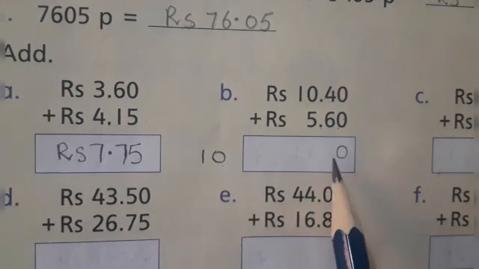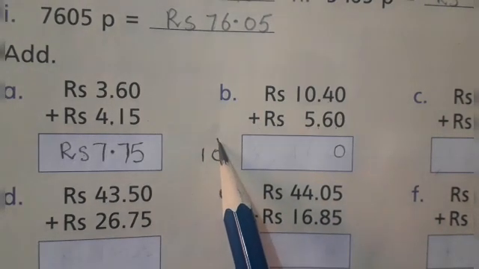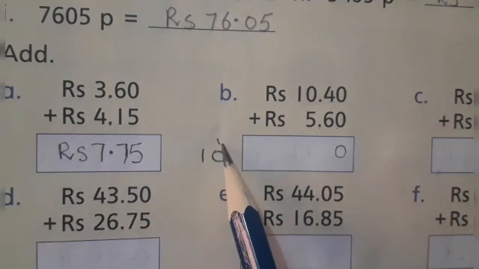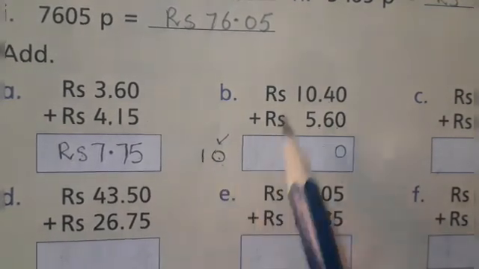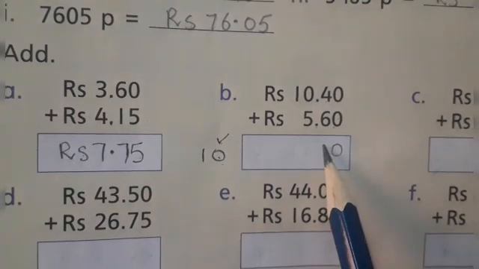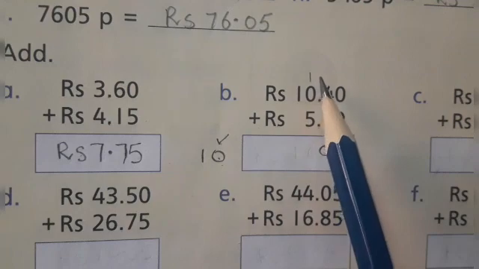As I told you in my previous lectures also, we will choose the right digit. So I write 10 here and the right digit is 0. So we will choose 0 and 1 will move on to the next number.